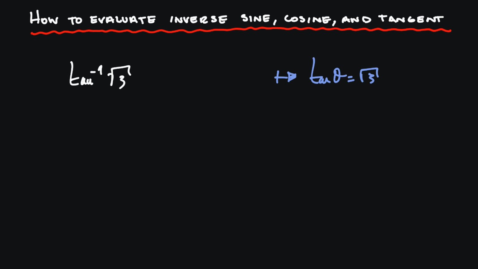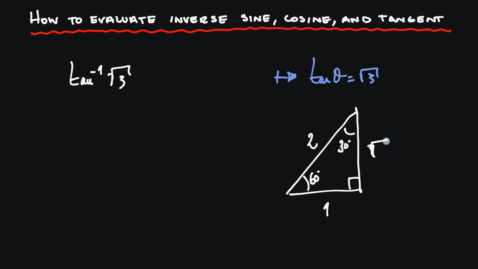The only triangle that has this value in it is going to be 30-60-90. So let's draw that triangle. Here, this is 60, this is 30, and this is 90. If you remember, the shorter side will be 1, the longest side will be 2, twice as much, and the opposite side is going to be square root of 3.